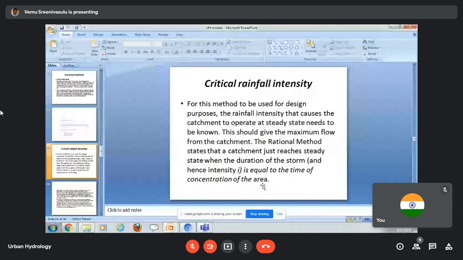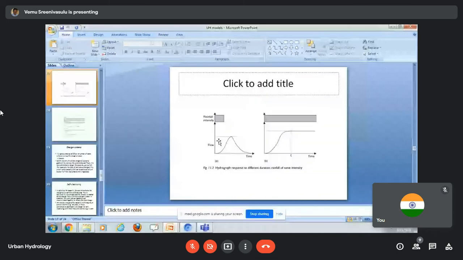For this case, the duration is less here, and therefore you will have a peak, and then it falls. If the rainfall continues here, then your hydrograph will be like this.